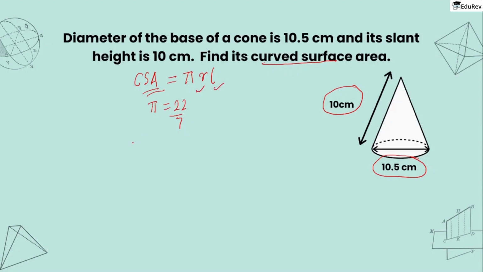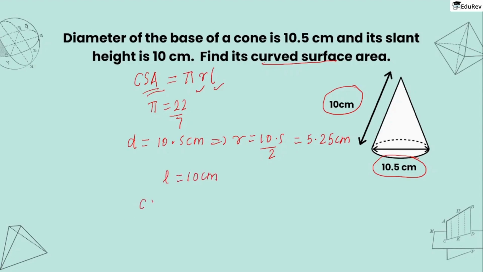Let us say the diameter of base as d. Here diameter of base, d, is given as 10.5 centimeters. Therefore, radius, r, is 10.5 divided by 2, which is 5.25 centimeters. Here, slant height, l, is 10 centimeters given in the question.